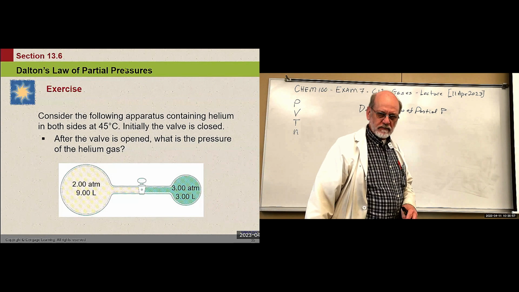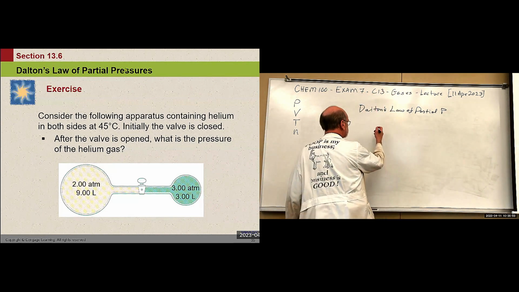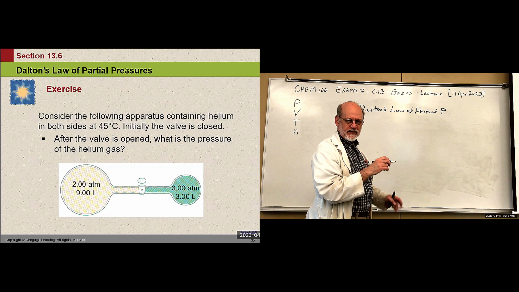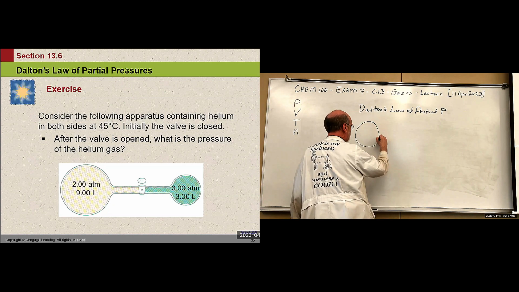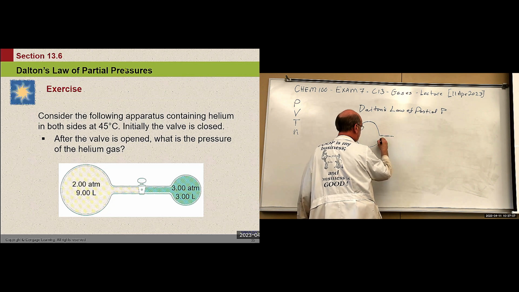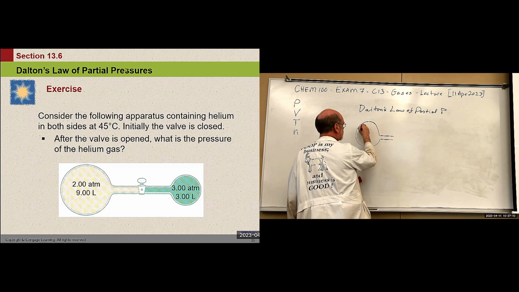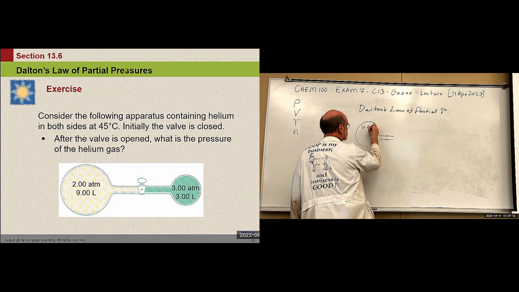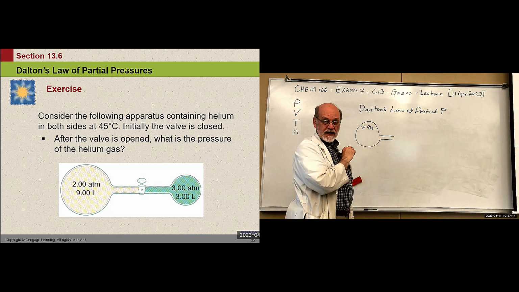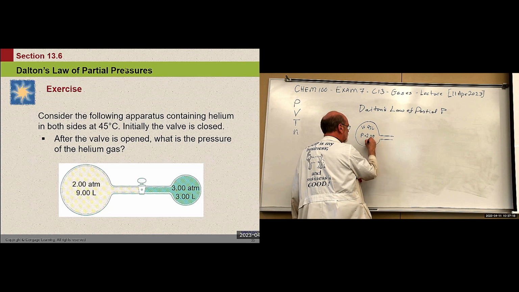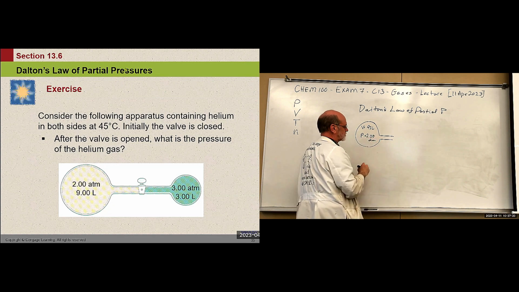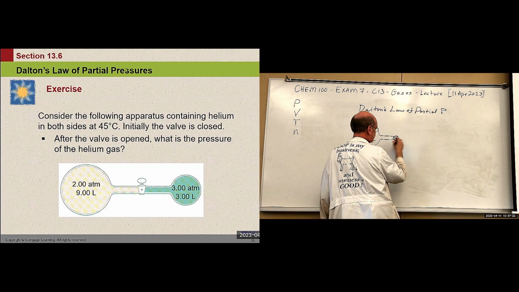Suppose we have these two flasks. The one on the left is 2 atmospheres at 9 liters. So we have a volume of 9 liters, right? We have a pressure of 2 atmospheres inside this container. We got a valve.